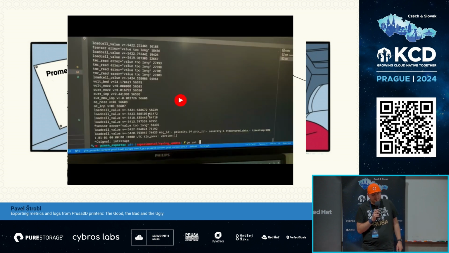Yeah, as I said, the issue is that printers send a lot of data very quickly. This is the video where this starts, the printer sends its standard set of metrics. It's not that many metrics, like CPU usage, heap usage, not even temperatures, but some kind of metrics. But I want all the metrics.